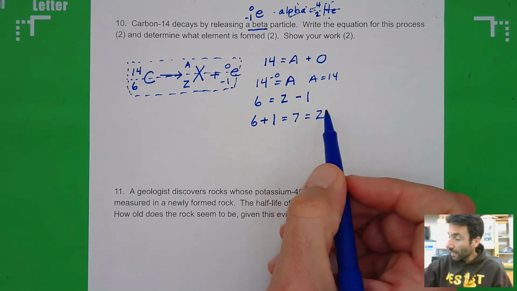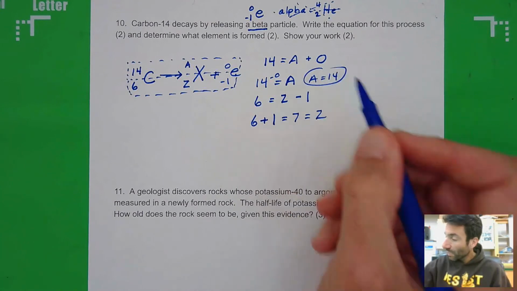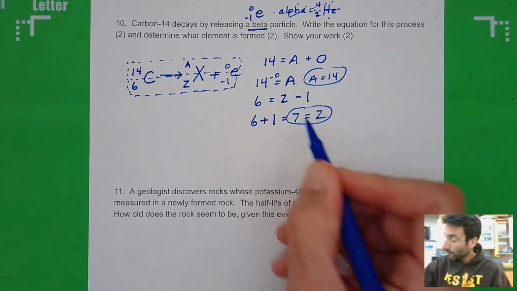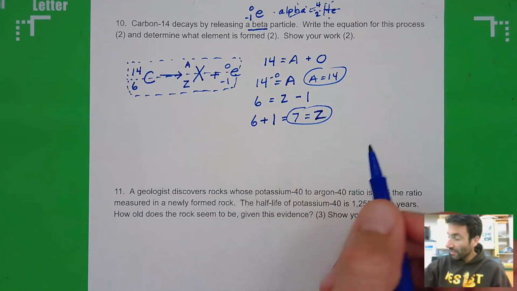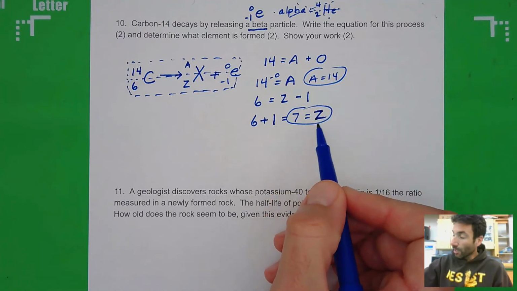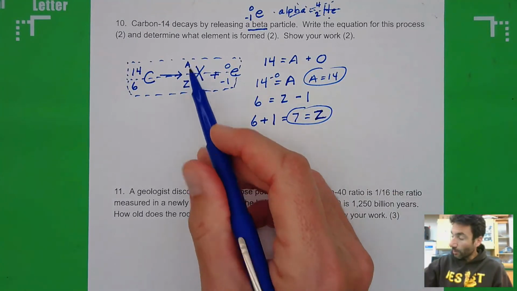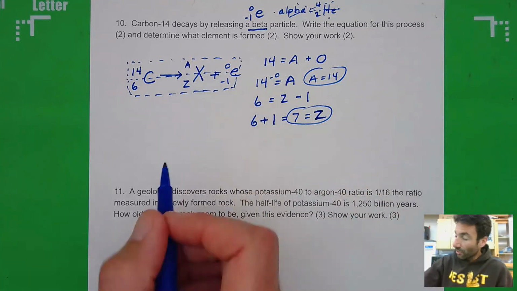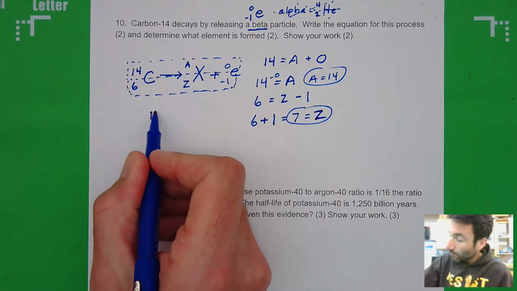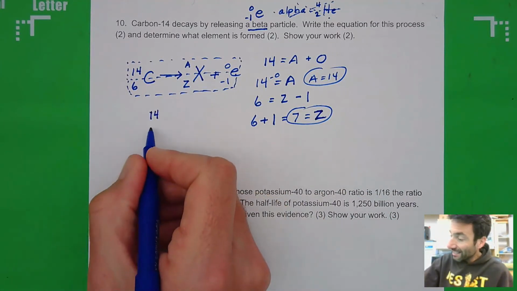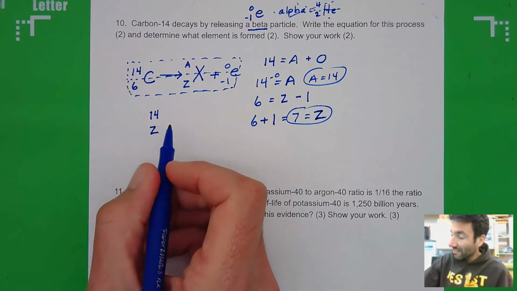So now I'm going to take my A number and my Z number, make sure that's a Z, not a 2, and I'm going to put those back into my original equation here. So if A is 14 and Z is 7, what is X?